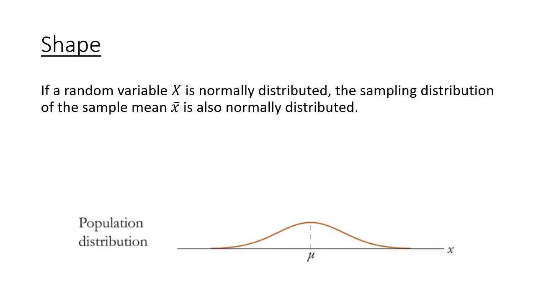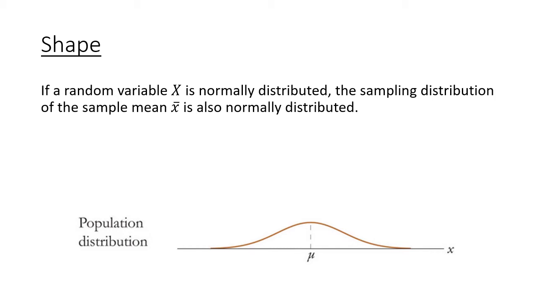To see what we're talking about visually, if I have a random variable that's normally distributed, and remember, normal means symmetric, that bell-shaped curve, essentially all my sample means should also be normally distributed, which is a really nice feature. We know that they're still going to have that same normal shape.